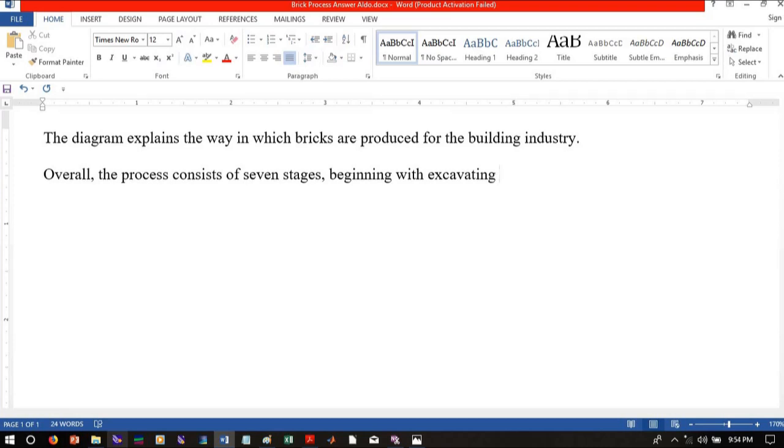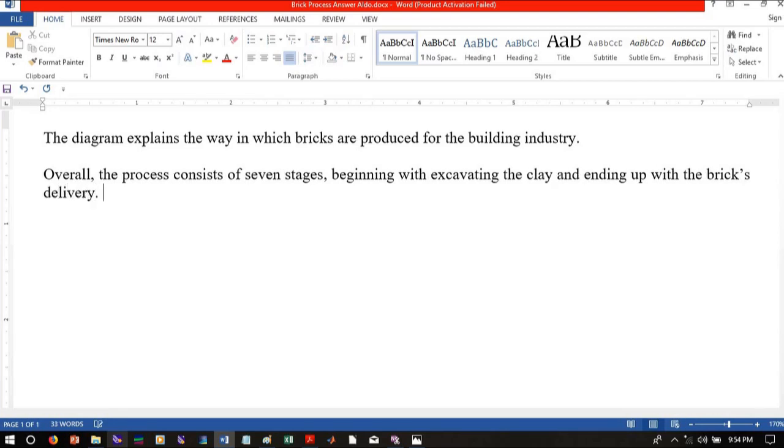So the verb that is more suitable is excavate, okay? Excavating the clay and ending up with the bricks delivery. Okay, done. That's our second step, writing the overall statement.